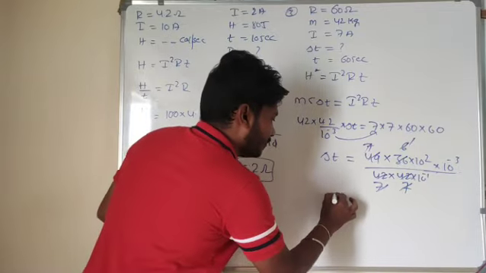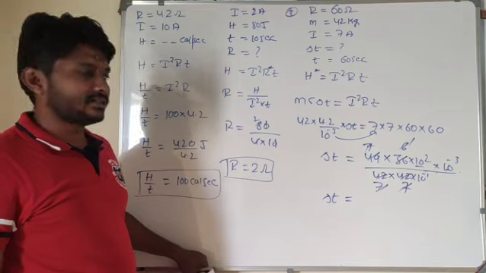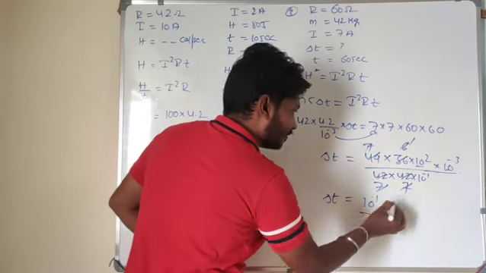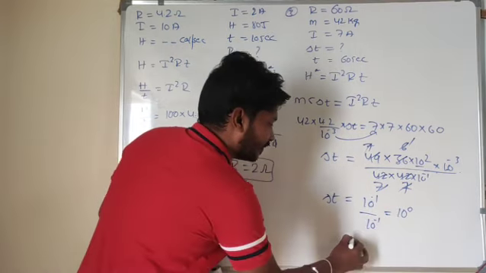The powers will remain here, 10 to the power of 2 and 10 to the power of minus 3. So that is 10 to the power of minus 1. In the denominator also 10 to the power of minus 1 is there. So that is 10 to the power of 2.